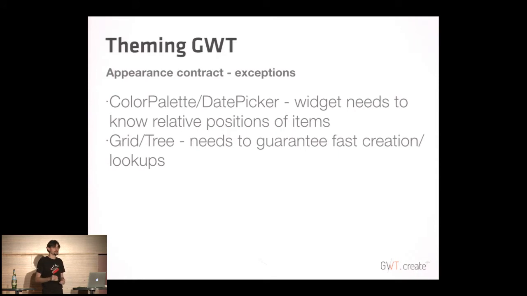They use one of the arrow keys. And while the widget may have told the color picker, here's the colors, don't really worry about where they're drawn, you figure it out. It's the appearance's job, of course, to write all the HTML, to figure out where it goes. But now the widget wants to say, I want to move one to the left, but it needs to know the value. But value really isn't the job of the appearance, it's the widget's job to figure that out.